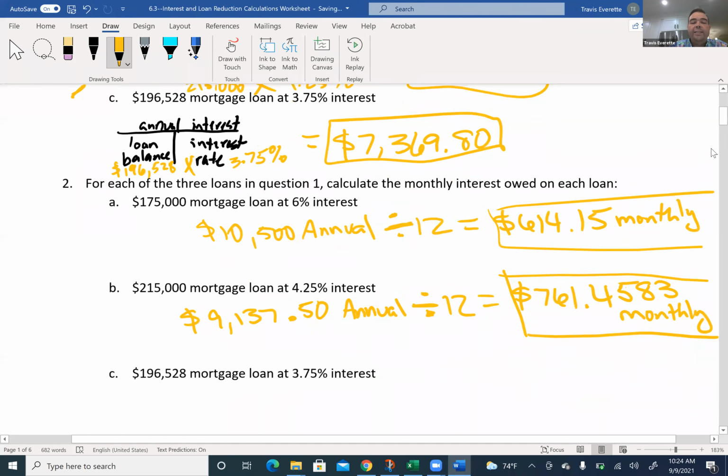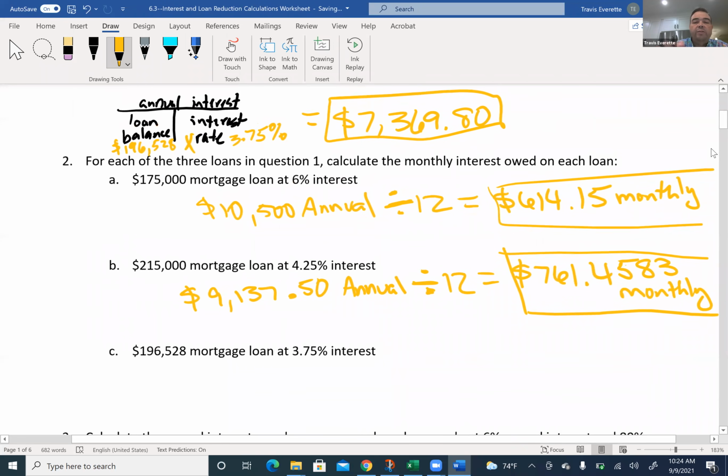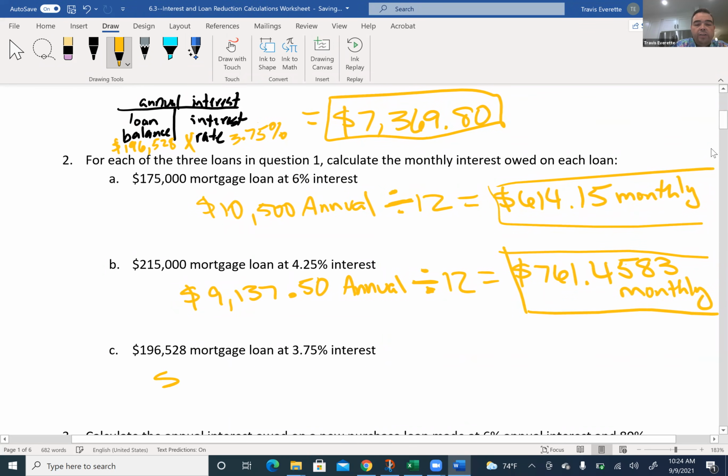And then finally, C. Well, C, we already did the math, was $7,369.80 annually, but they want monthly, so divide that by 12.